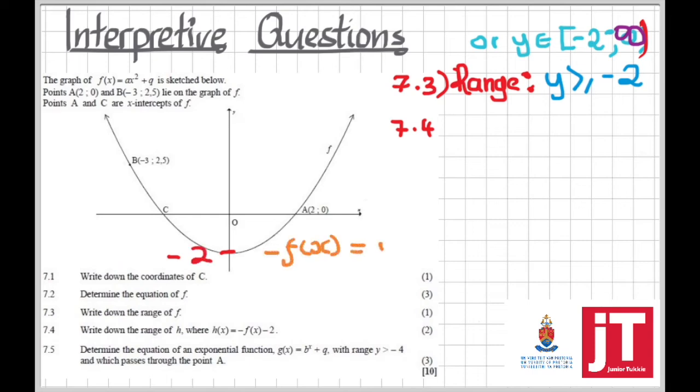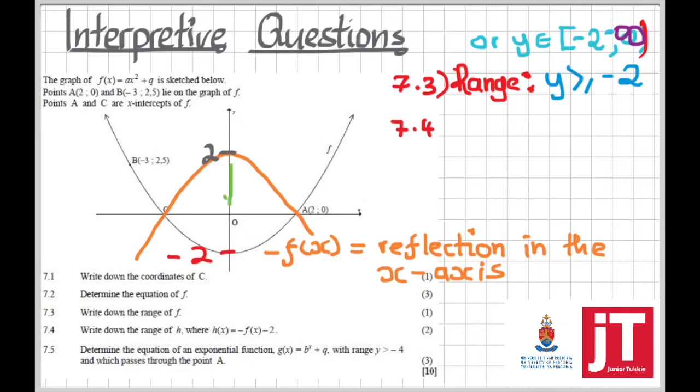So minus f of x, theoretically, is a reflection of the graph of f of x in the x-axis. To illustrate, I have reflected that original graph about the x-axis, and then shifted the same graph, the orange graph, 2 units down to give rise to the final graph, which is the green graph.